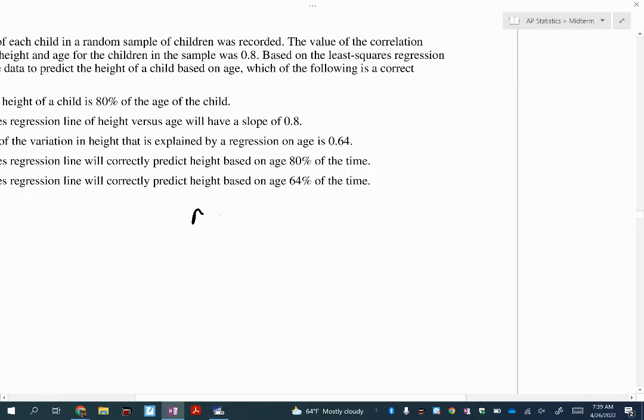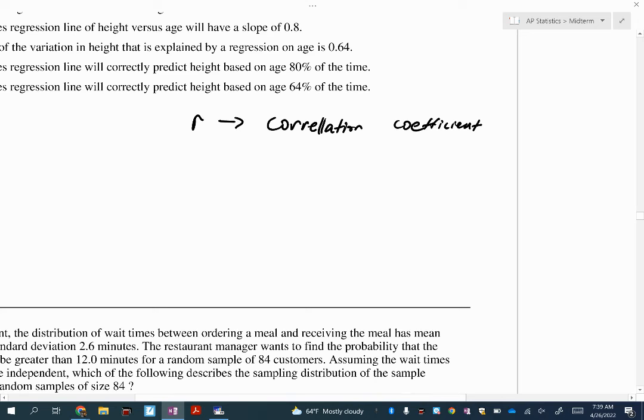I'll write that down. I think I misspelled correlation. Does that look better? That looks worse. Anyway, it measures the strength of the linear relationship.